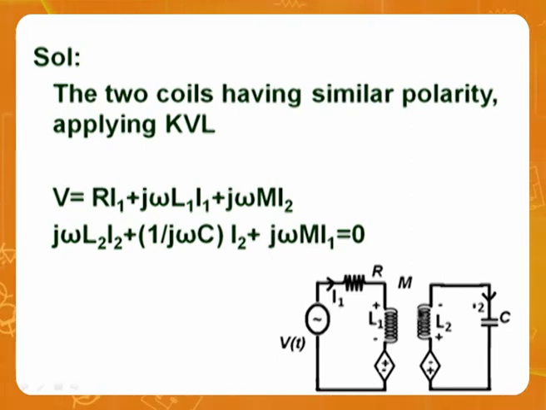Therefore, j omega L2 I2, 1 by j omega C I2, and j omega M I1. So when I say I1, it is induced along with I2, and I2 is induced along with I1. These are the two equations for this equivalent given. Always coupling is not in the same coil but in the opposite coil.